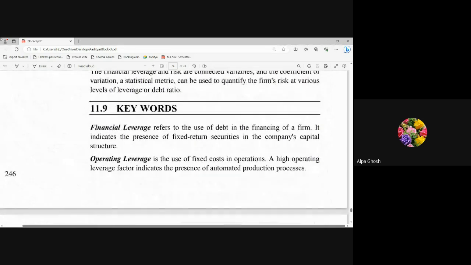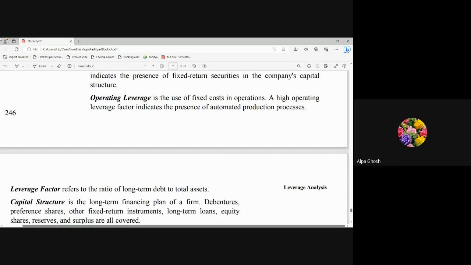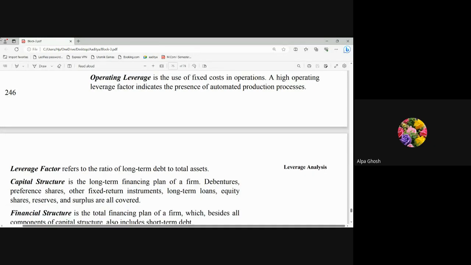So these are the key terms for this chapter. Just go through financial leverage, operating leverage, and what is leverage factor?